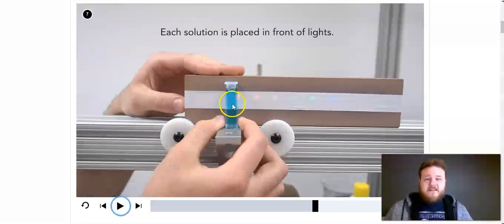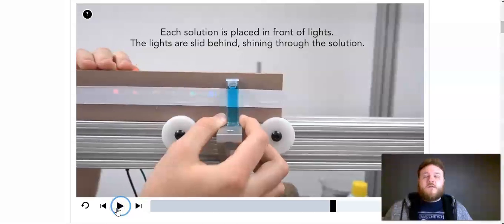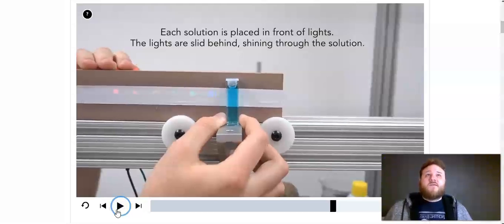As you can see, this is them putting in the cuvette. It looks like they have the copper sulfate solution, the stronger concentration, and they're shining a different color light through it. The different color light is going to read a different absorbance.